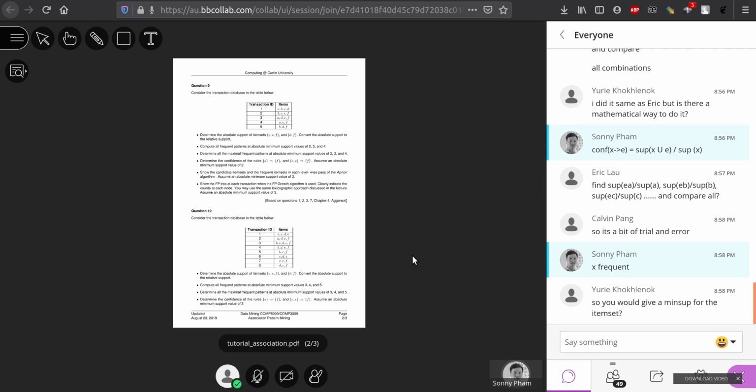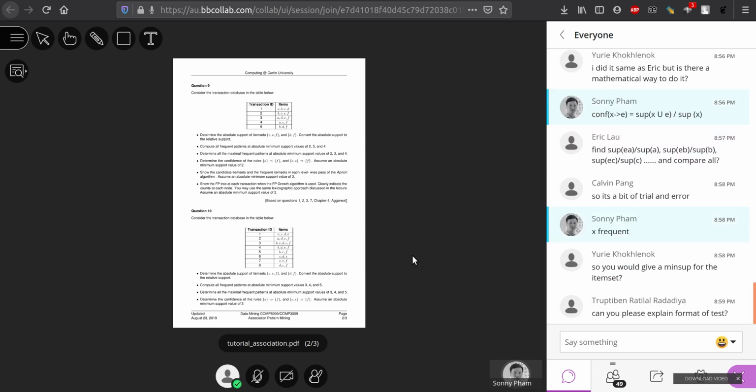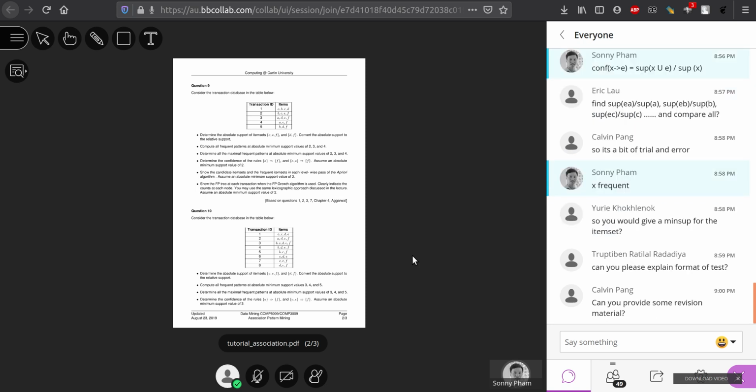Is there any other question before we close the workshop today? Okay, can you explain the format of the test? The format of the test, as far as I can see at the moment, is very similar to what you see on Blackboard. I think there must be a mock test on Blackboard. Let me double check.